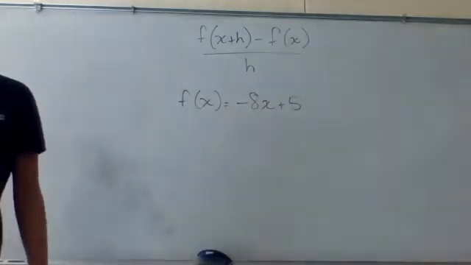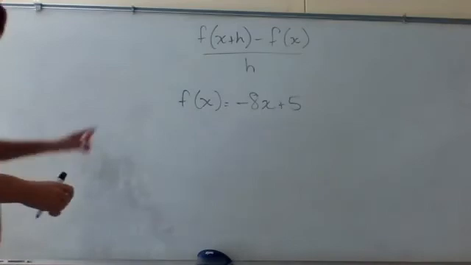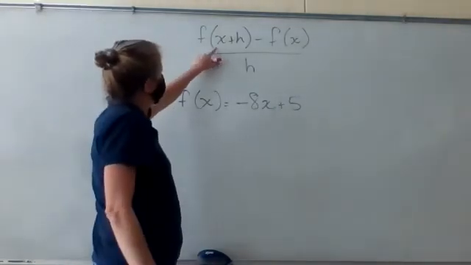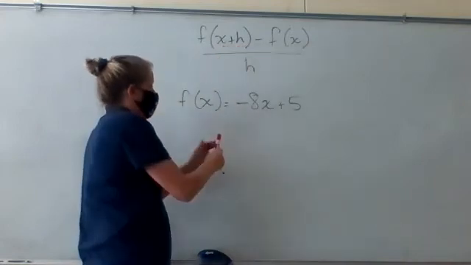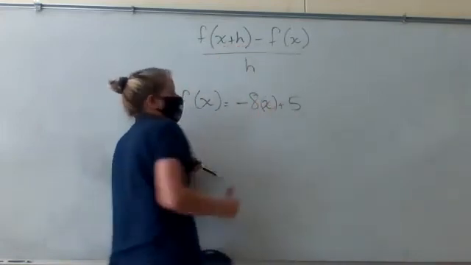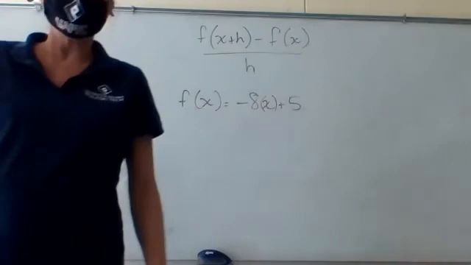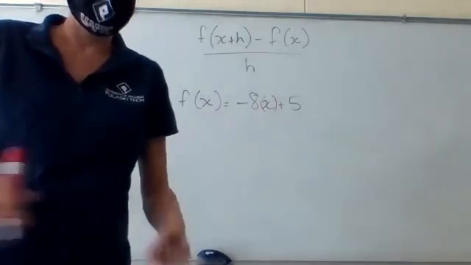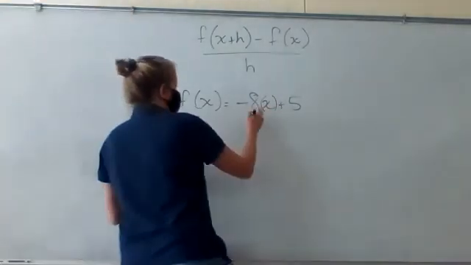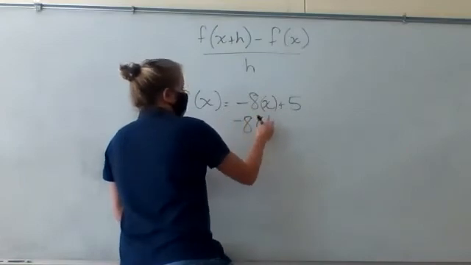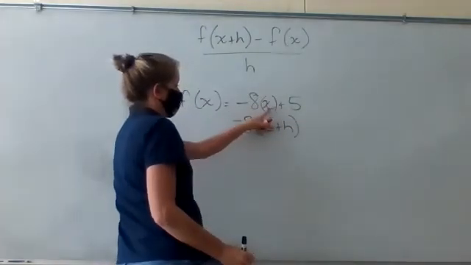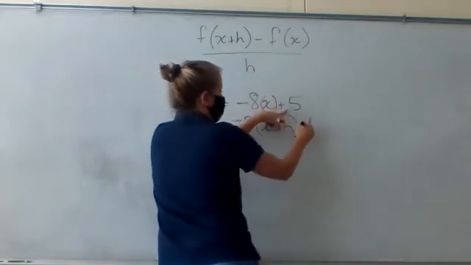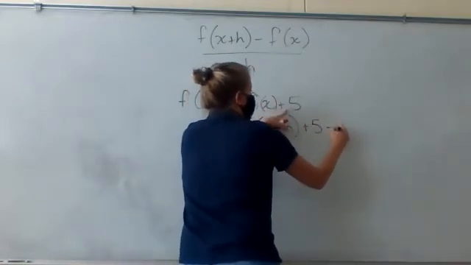So the first thing I need to do to find the difference quotient is find f of x plus h. That means go to this function, and wherever you see x, put an x plus h. So if I do that, I'll have -8. Instead of x, I'll put x plus h. So I just replace the x with x plus h, bring down the plus 5.